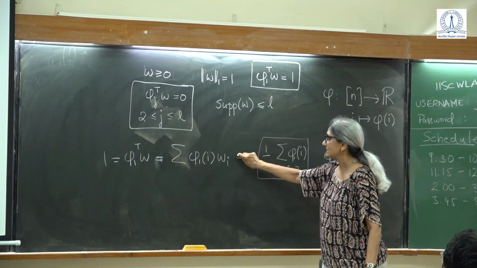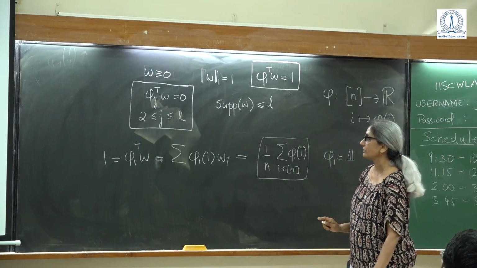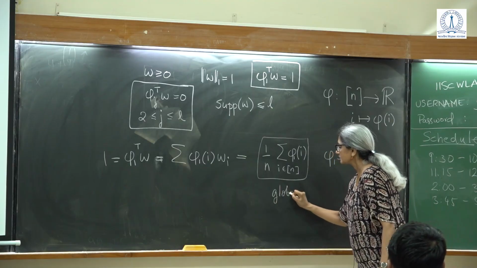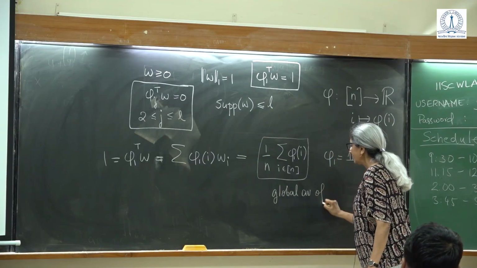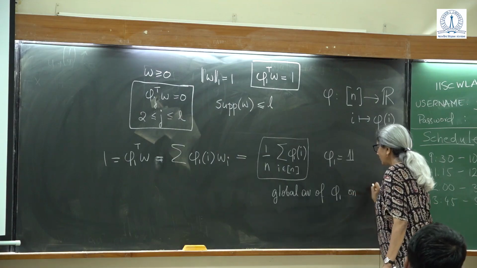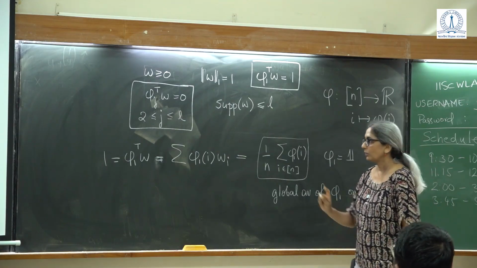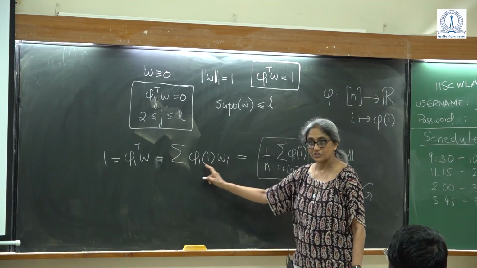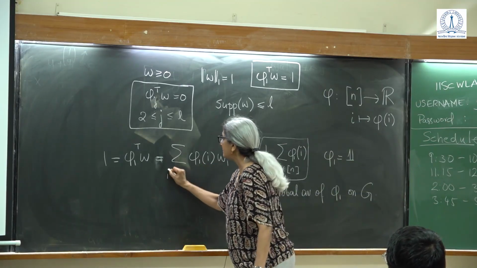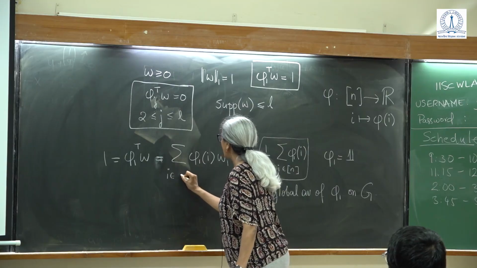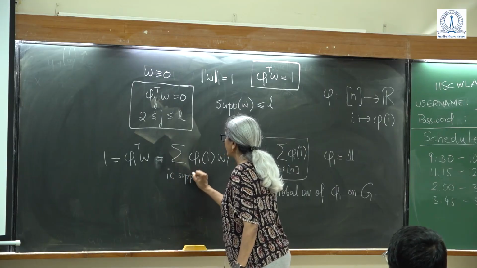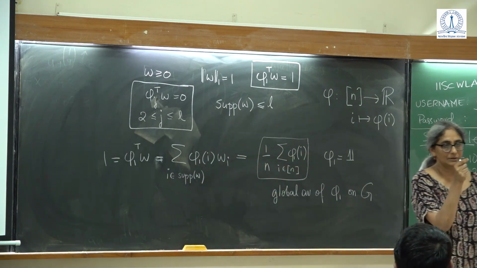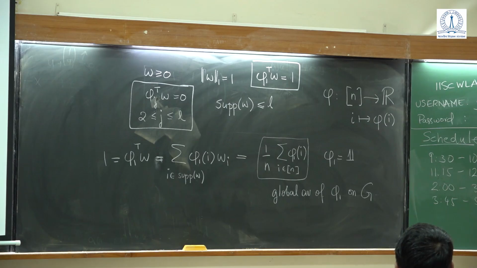So what we just did is that this is the global average of phi1 on the graph. And what W is achieving for us is a weighted average over just some of the indices. I lies in the support of W. I don't need all the i's from 1 through n, just the places where W is positive.